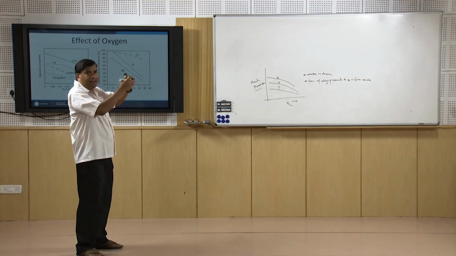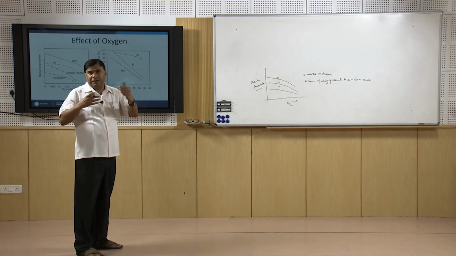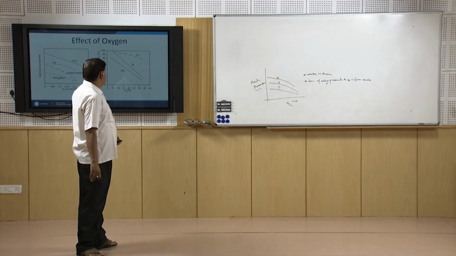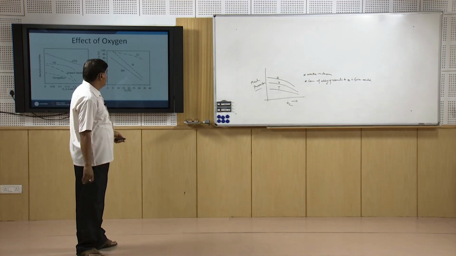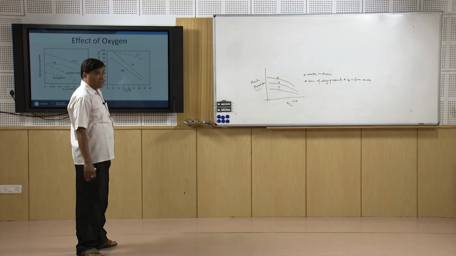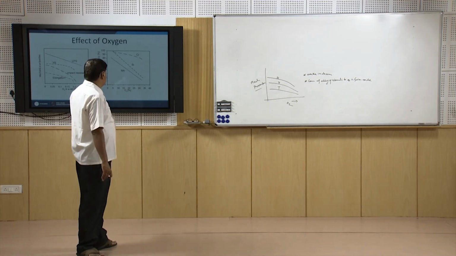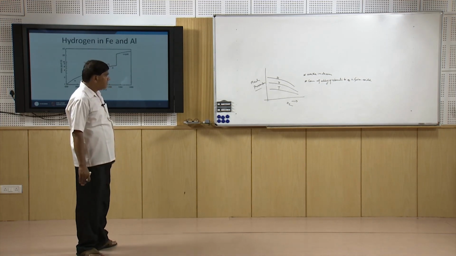So, out of the given amount, how much is actually being transferred determines the element transfer efficiency, and that is adversely affected with the presence of oxygen, and that is why it is important to protect the weld.